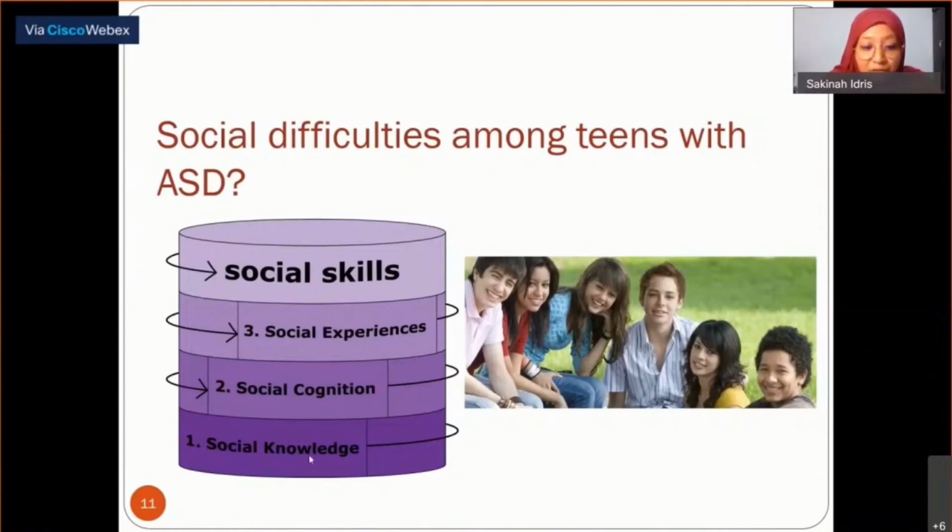After social knowledge, you should start to be aware. You need to know where to look, in the eyes for example. Children with ASD lack making eye contact. And where to focus your attention when you're talking. After social awareness, once the child knows what to do and is aware of the other person they're talking to, they also need to understand or interpret the social signals.